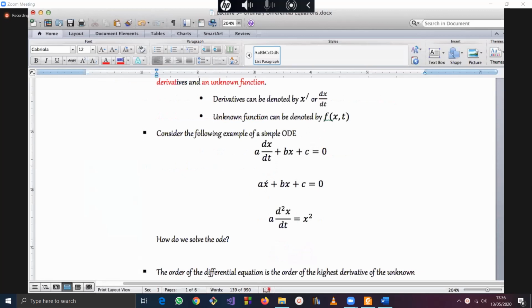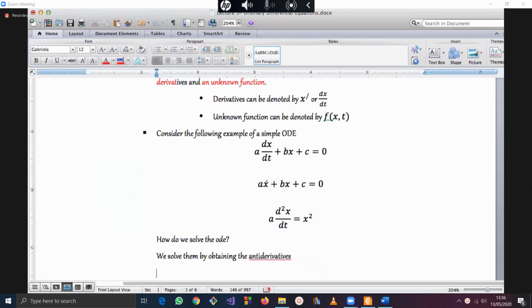Here the answer is we solve them by obtaining the antiderivative. That is, you find the antiderivatives. Okay, so that is how you solve them. So I want us to reflect on this.